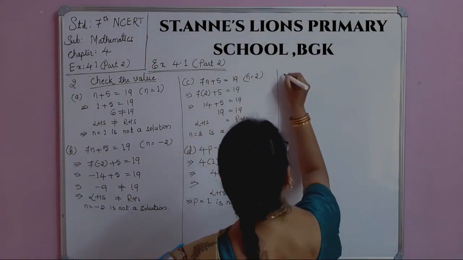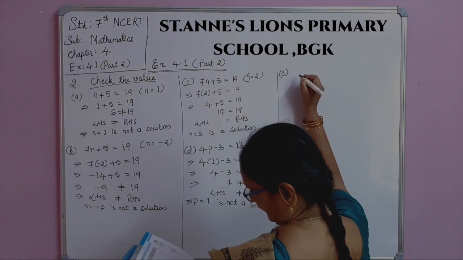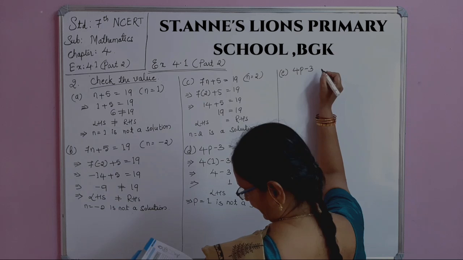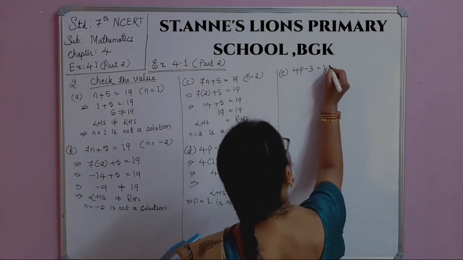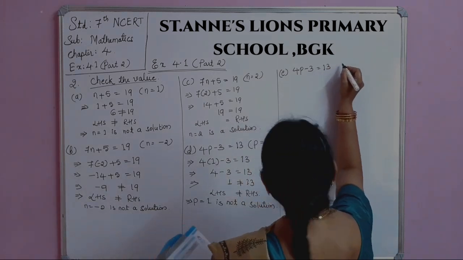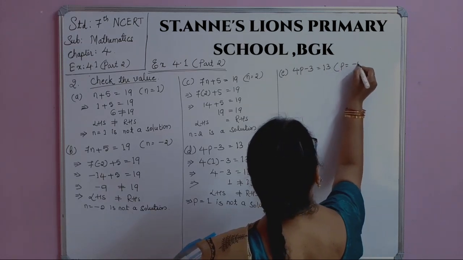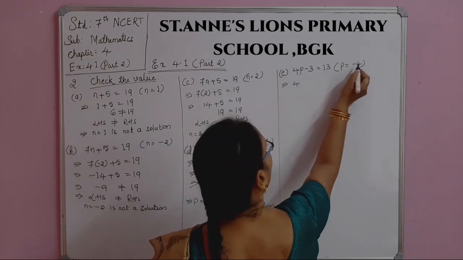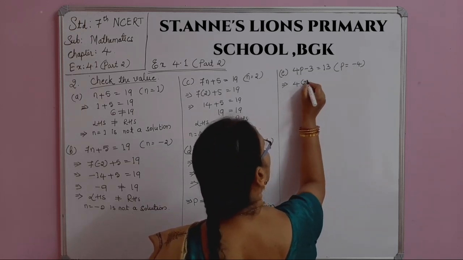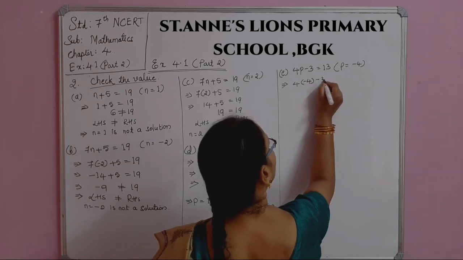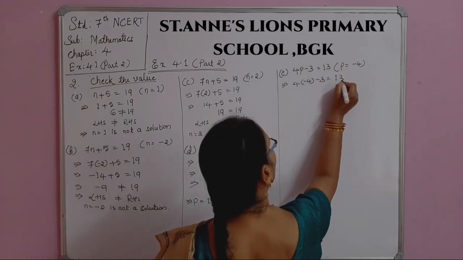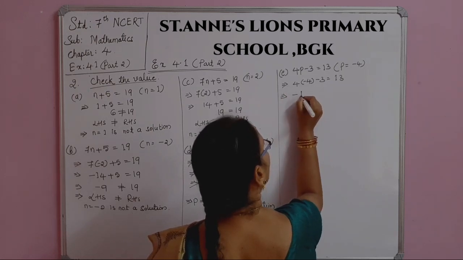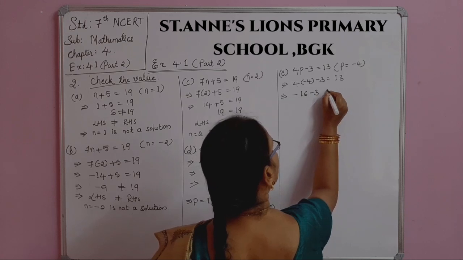Now the fifth one, E: 4p minus 3 is equal to 13, with p equal to minus 4. In place of p we put minus 4: 4 into minus 4 minus 3 is equal to 13. Plus into minus, minus 4 fours are 16, so minus 16 minus 3.